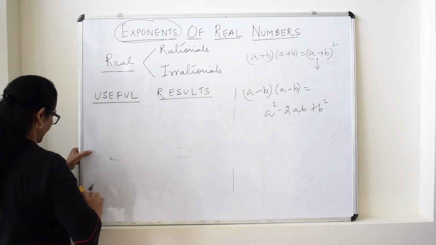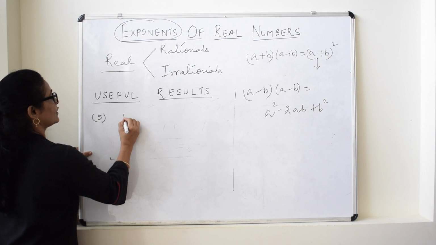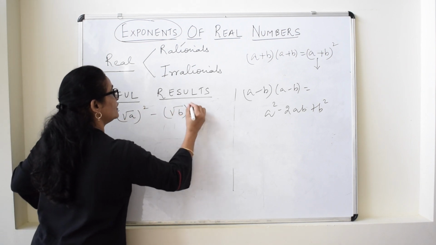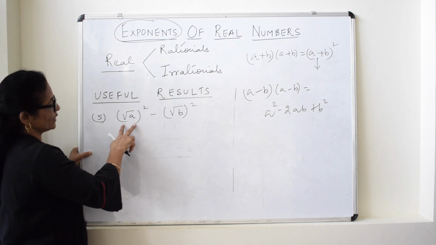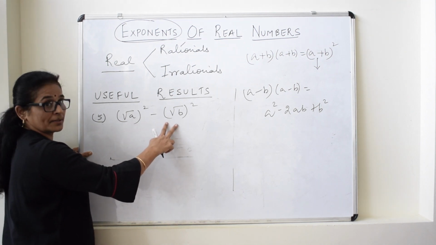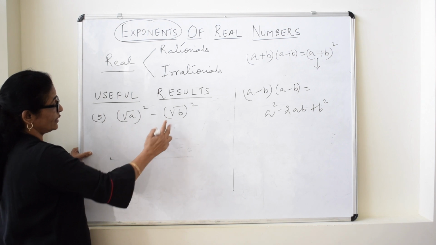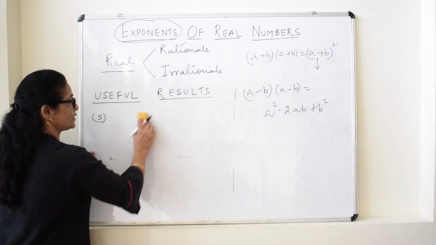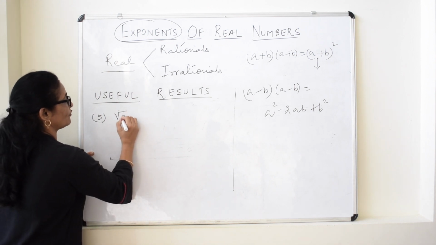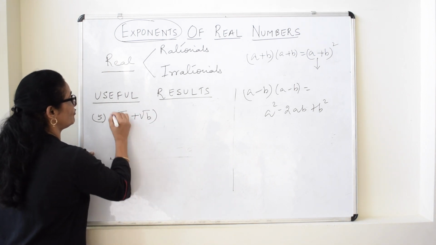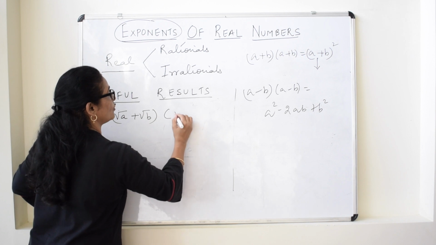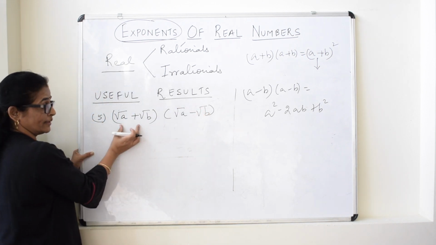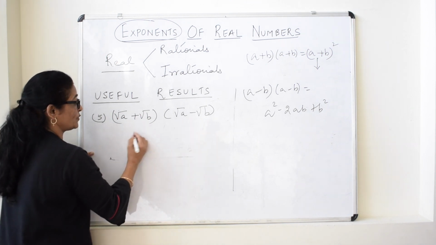Next, if it is (√a)² − (√b)², you can say it is a² − b². Or if it is given in that form, not in this way, but (√a + √b) and (√a − √b), this is actually the third identity, (a + b) into (a − b).